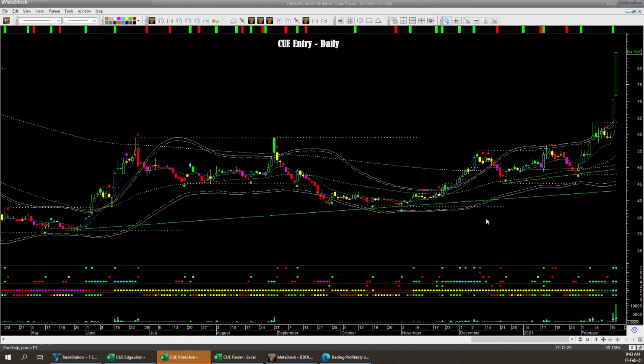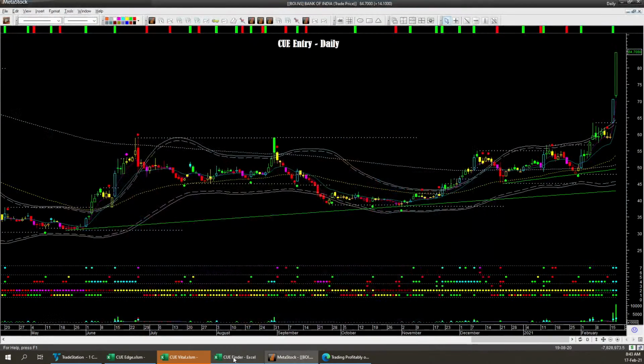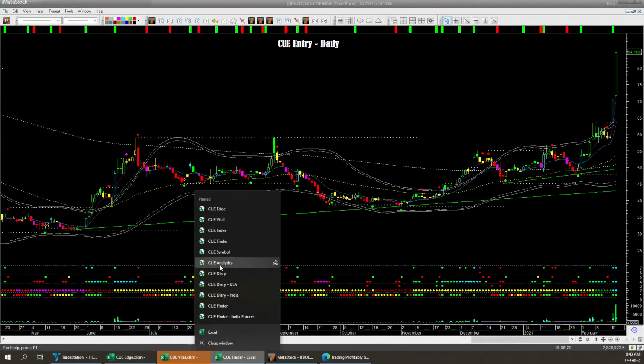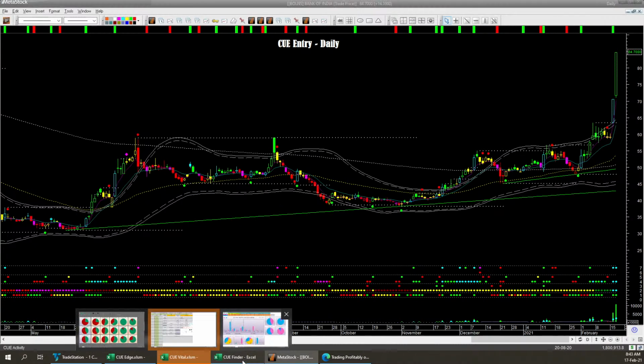How could you note them? If you use Finder, and let me close the USA Finder. Okay, let me not close it. I don't have to open the India Finder.